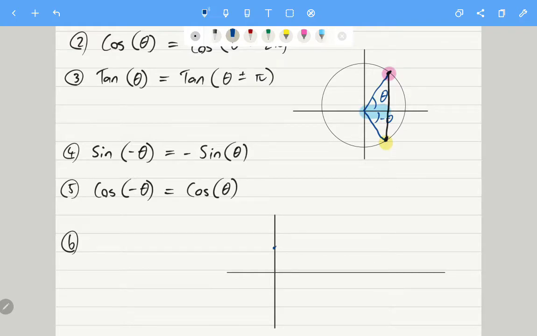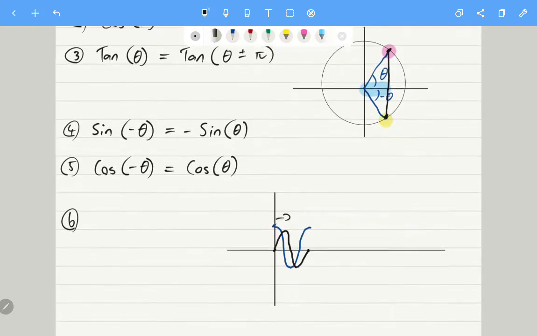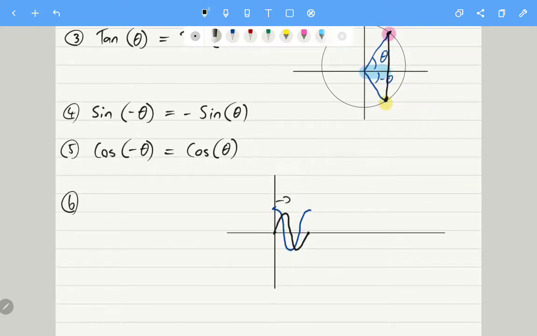That's the only difference. They're almost the same function. The only thing is that they've been shifted horizontally. And if you remember from our translations, we can shift things horizontally by affecting the axis. So 6 and 7 kind of come as a bit of a pair.